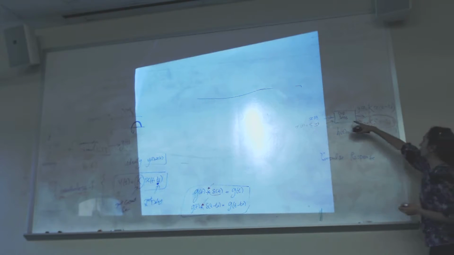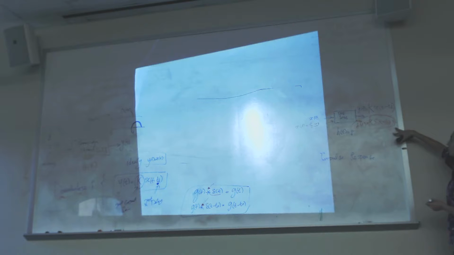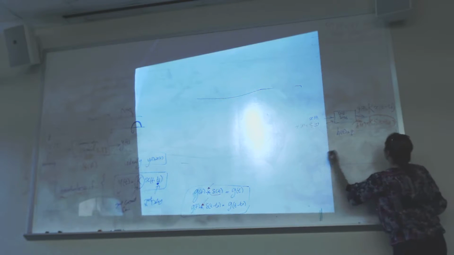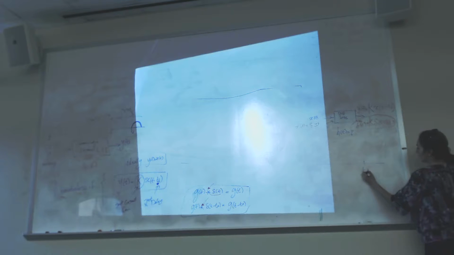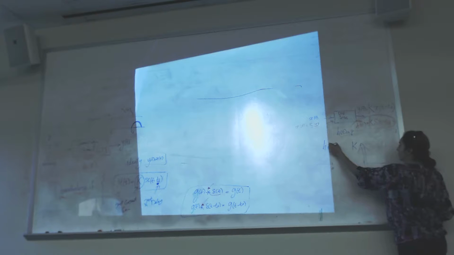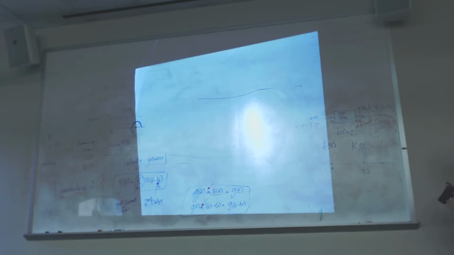So therefore, a distortionless system has this impulse response, which pictorially is a delta at time td, scaled by k. This is the impulse response of a distortionless system.